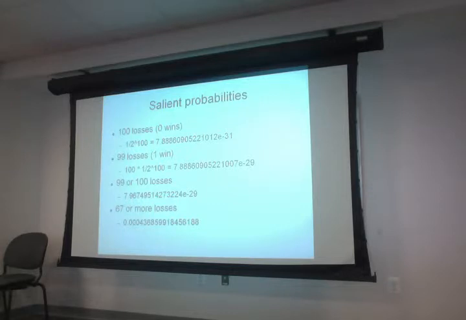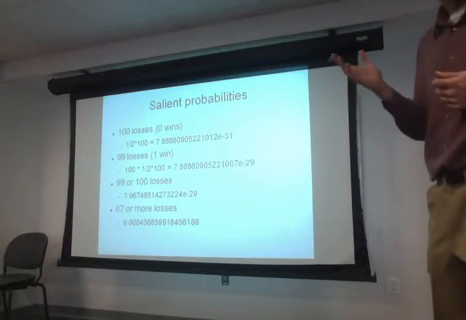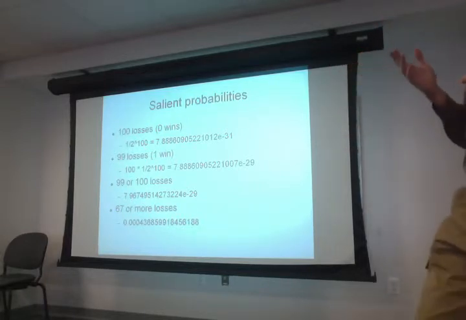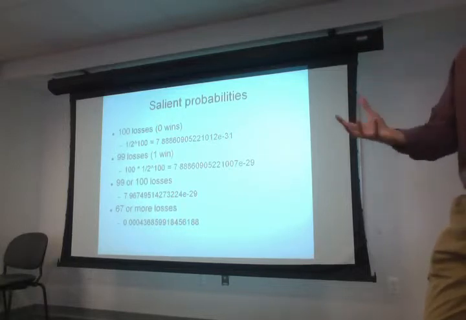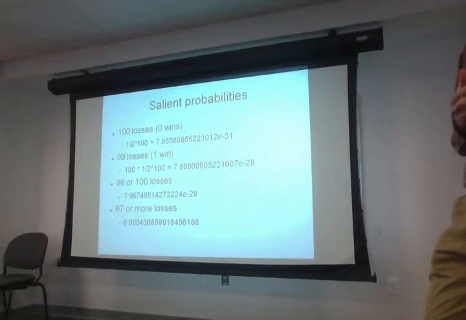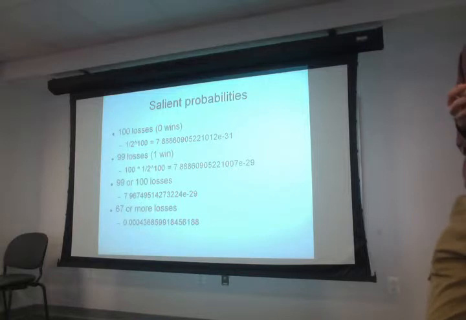So now we have one probability here: 67 or more losses. Why did they pick 67, do you think? Why is that number important to us in the statement of our particular problem? Why is 2/3 important?